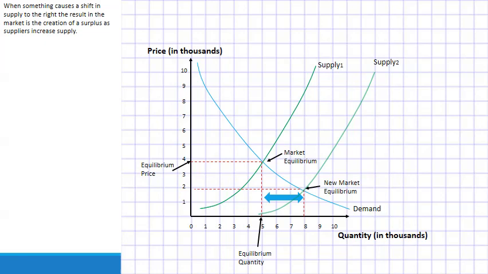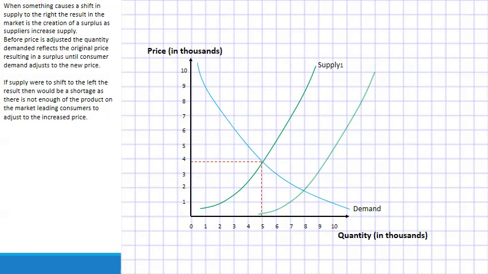Whatever the reason, whenever supply shifts to the right, we see a surplus in the market because the price is going to fall. Before price is adjusted, remember the time lag, the quantity demanded reflects the original price, resulting in a surplus until consumer demand adjusts to the new price. That's one of the things we see with clothes and things of this nature at the end of the season. Essentially, we see a shift in supply. There's too much of the good, and so they reduce prices in order to eliminate that surplus.